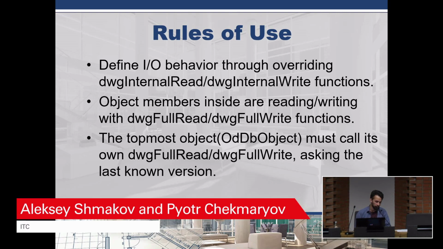Second rule: object members inside are read and written with dwgFullRead and dwgFullWrite functions. And third rule: the topmost object, auto object, must call its own dwgFullRead and dwgFullWrite functions, asking for the last known version in standard order of input-output functions. It's an entry point for the input-output issue.